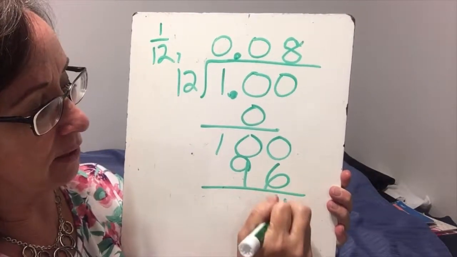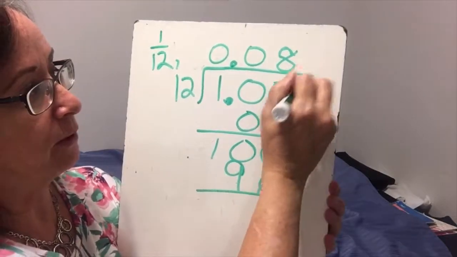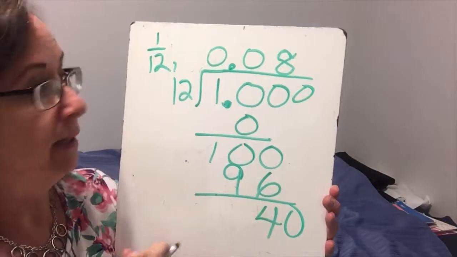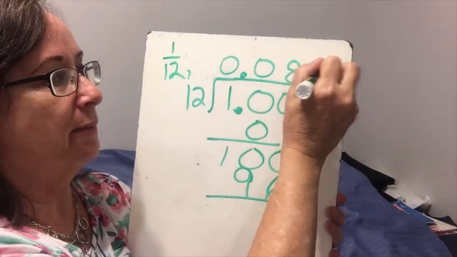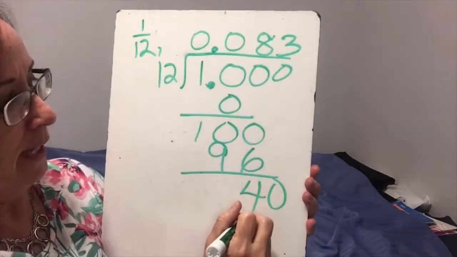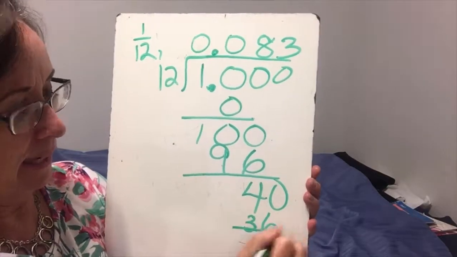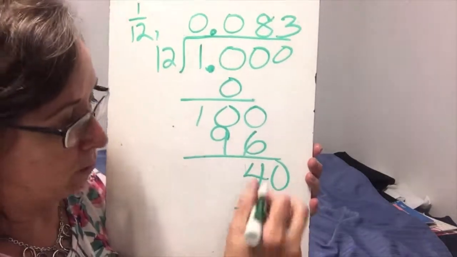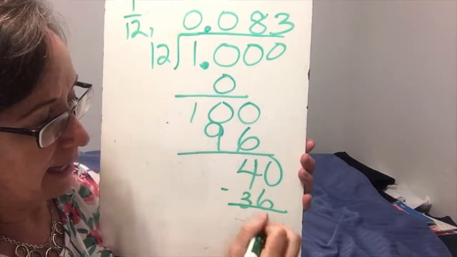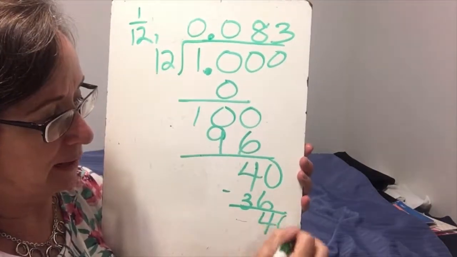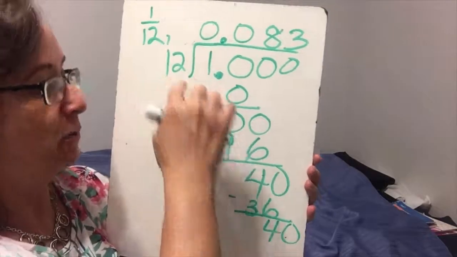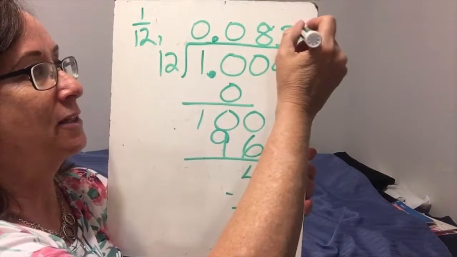And 100 minus 96 is 4. And then we're going to bring down the next digit. And 12 into 40 is going to go 3 times. And 3 times 12 is 36. And guess what we get? We get another 4. 40 minus 36 is 4. And we already have a 4 up there, so it's looking like a repeat. 12 into 40 again is 3.